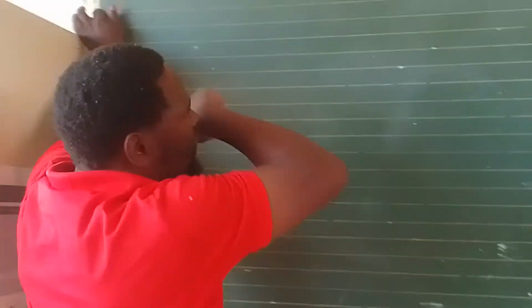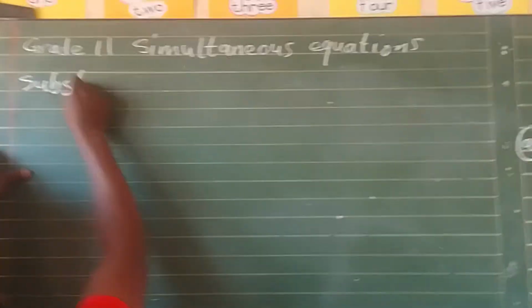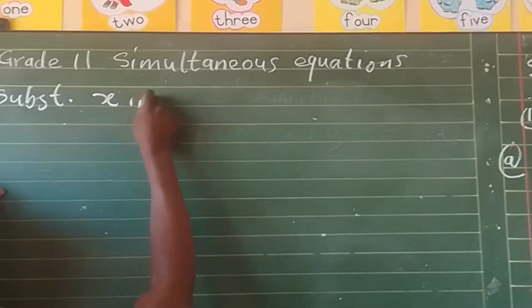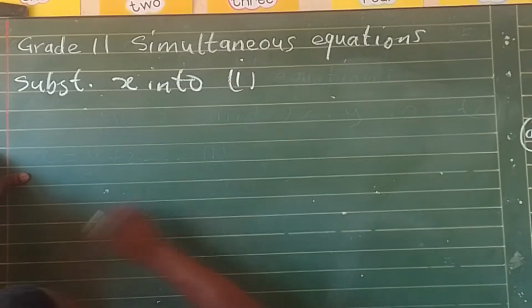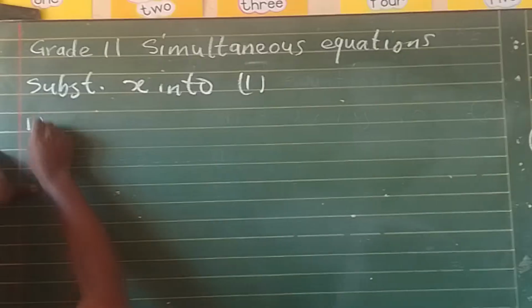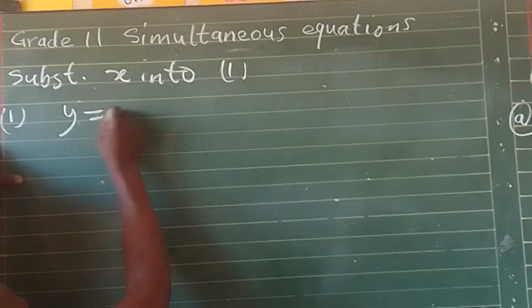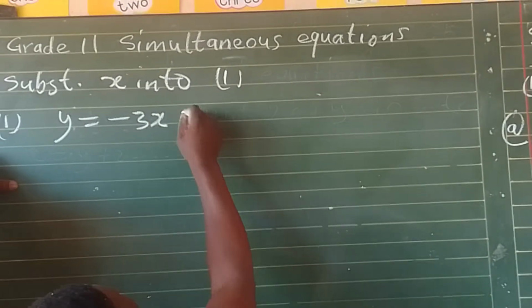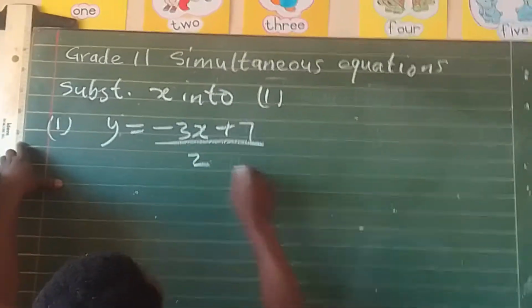Now we are going to substitute again. Substitute x into equation 1. Your equation 1 states that y is equal to minus 3x plus 7 over 2.